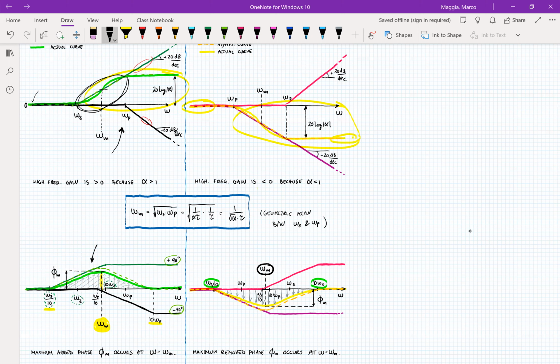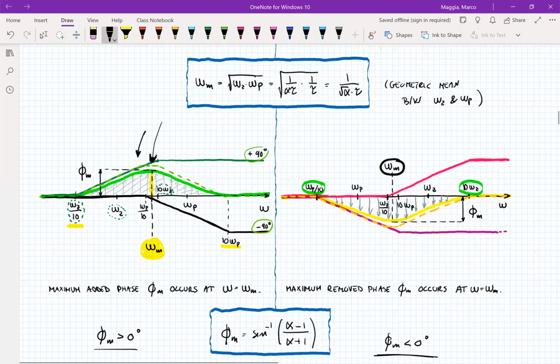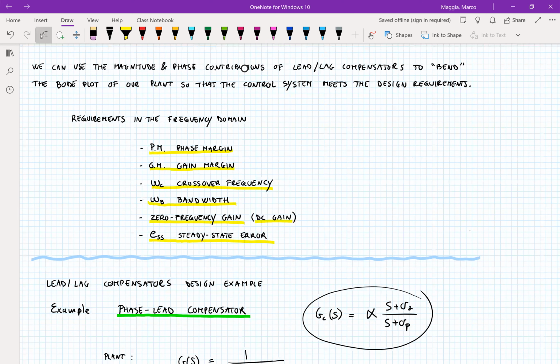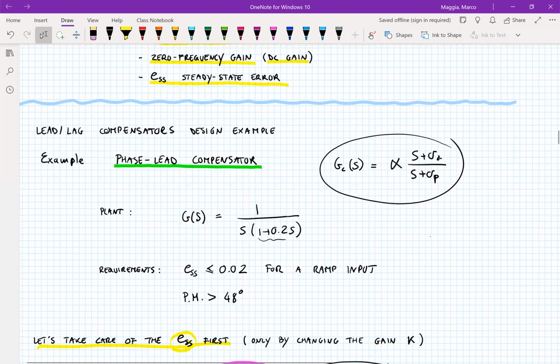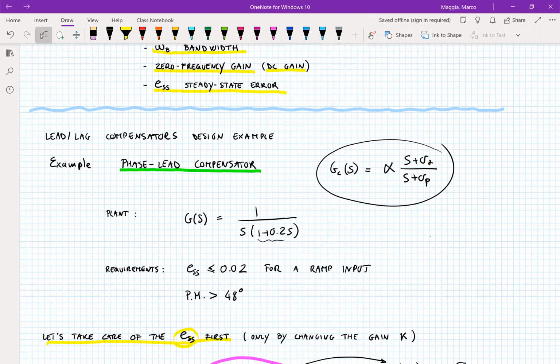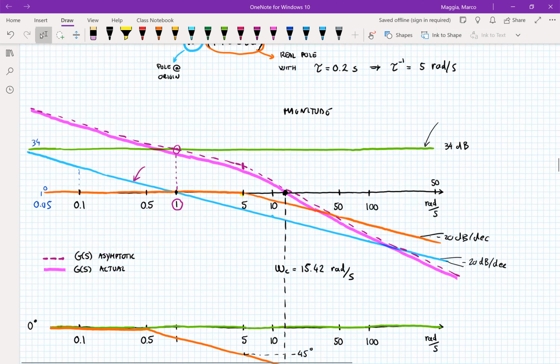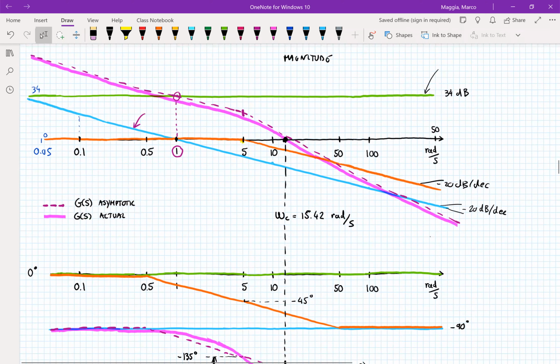So if we want to add a maximum of phase of 30 degrees at our crossover frequency, we're also increasing the gain, and that means that we're actually shifting the new crossover frequency to the right, because now the overall system intersection with the 0 decibels will be shifted to the right. So the new crossover frequency will be larger than 15.42.